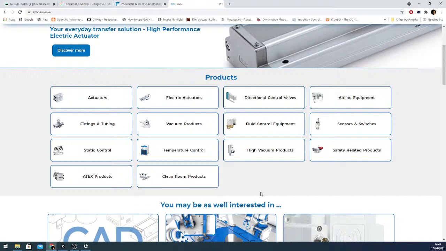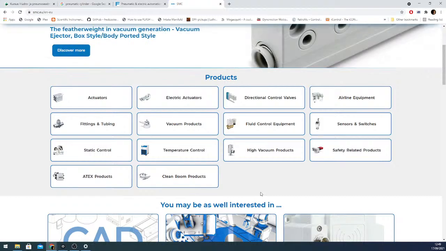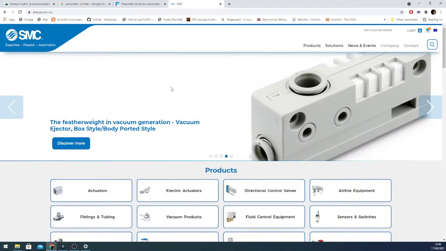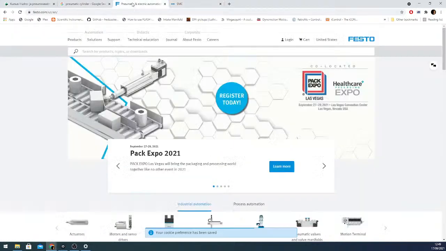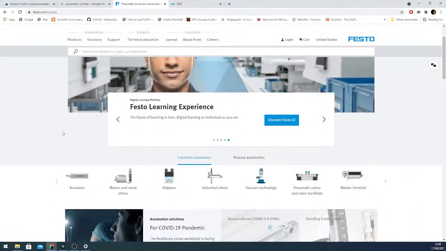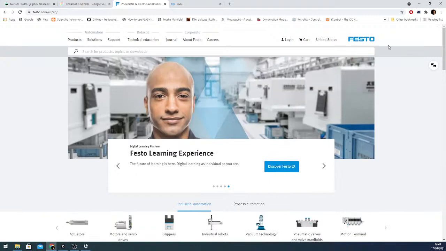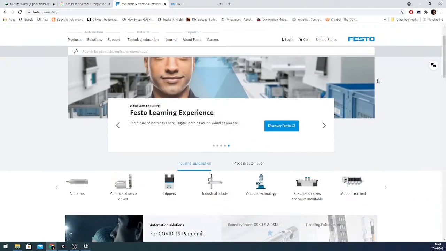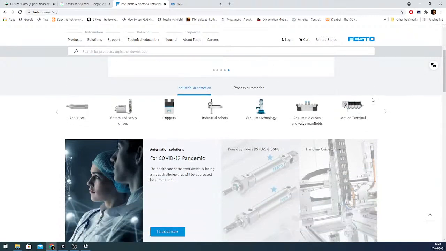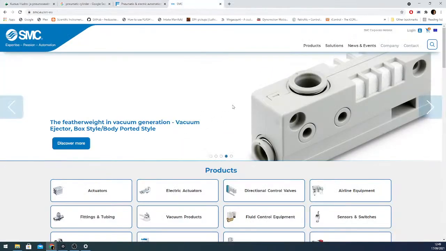And usually the machines that come from Asia, Japan for example, usually use SMC products, and machines that come from, for example, Europe, usually use Festo equipment. I don't know why they are using one or another. I know that they exist.